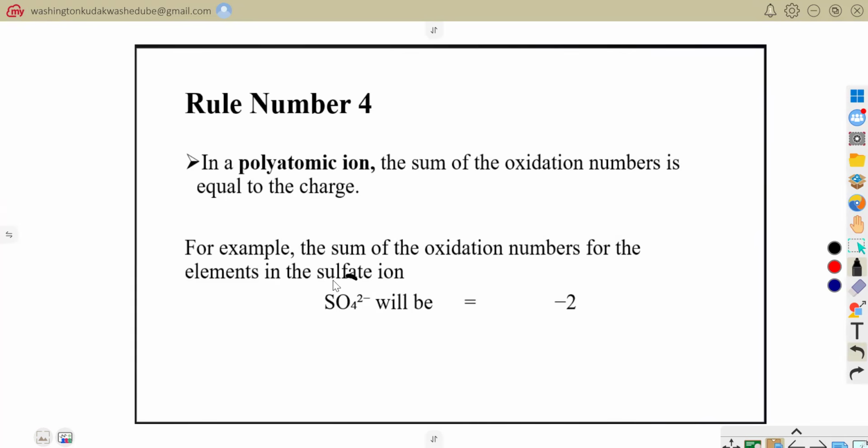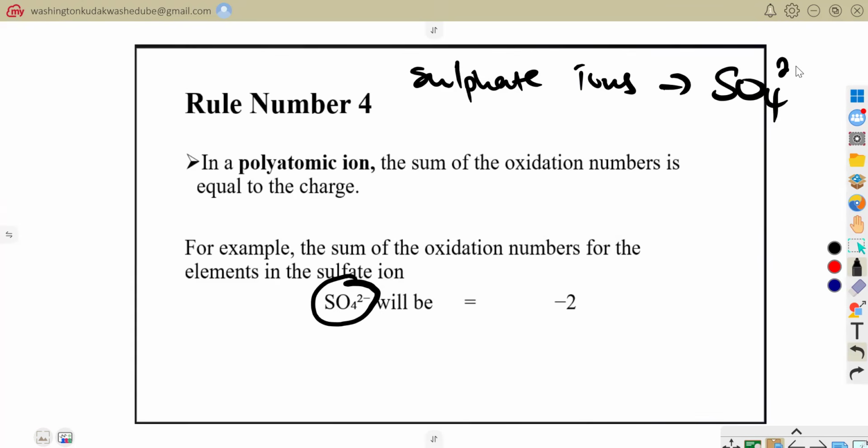For example, we have got a sulfate ion. You would see that sulfate ions are made up of many atoms. We've got sulfur, we've got oxygen.